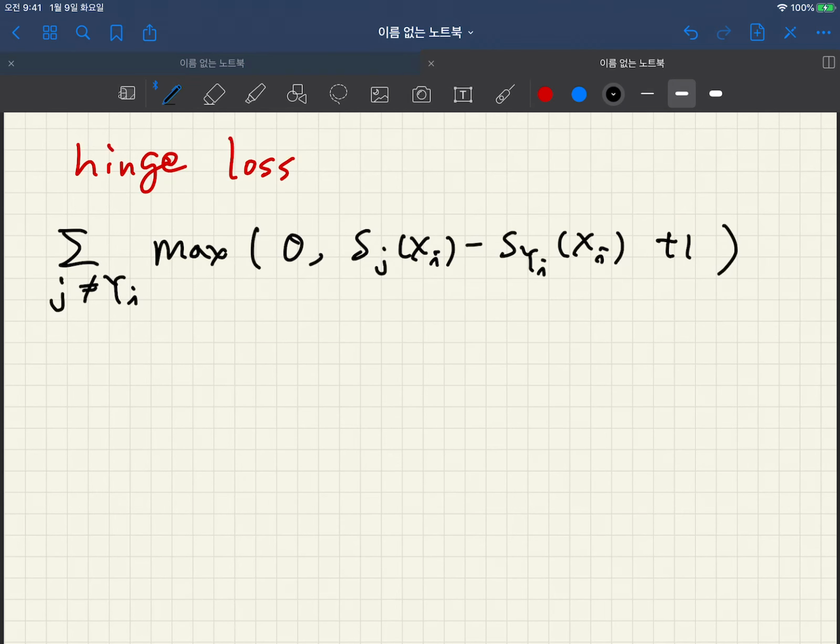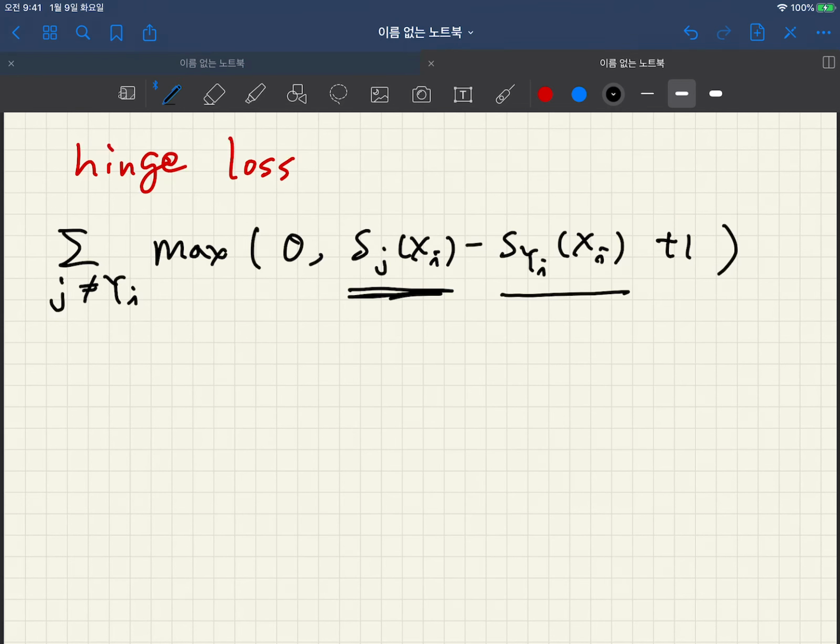Essentially, when you minimize the hinge loss, you will decrease the score value of all entries except the entry having the true output.